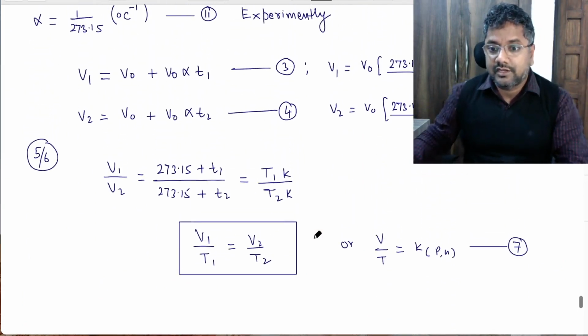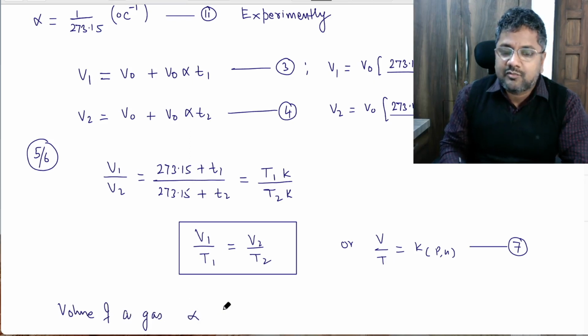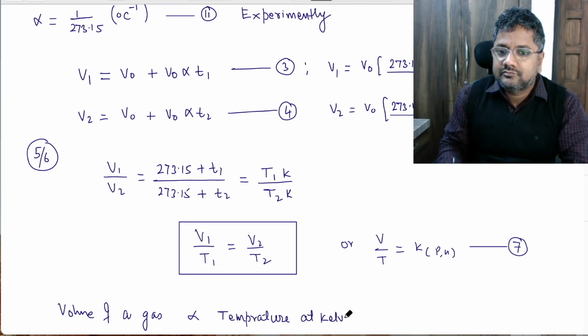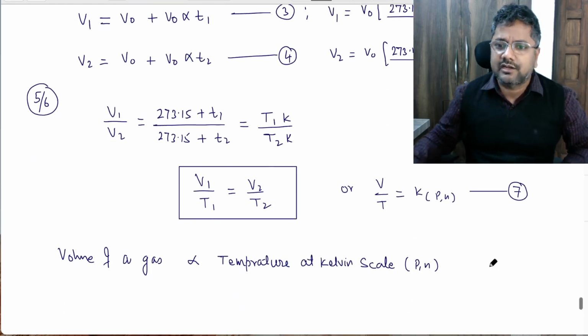No, not like that. You have to write that the volume of a gas is directly proportional to temperature at the Kelvin scale, at constant P and N. Right? So this you can write.